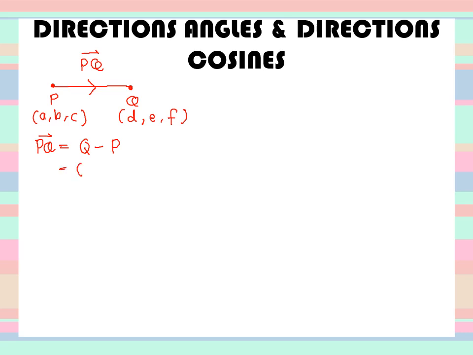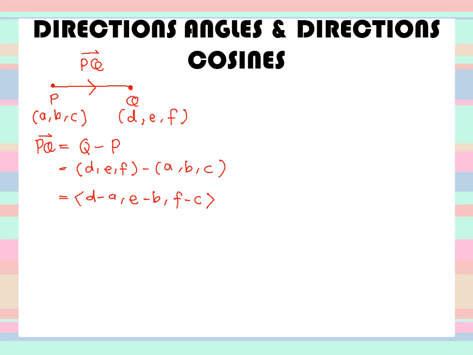So DEF will minus A, B, C. This will result in a vector. D will minus A, E will minus B, F will minus C. This will give you a vector, right?